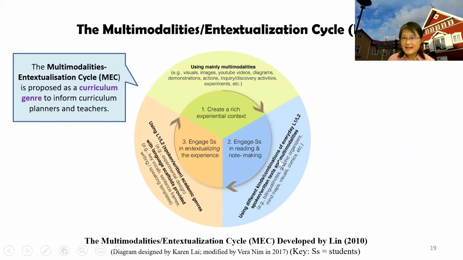And then in the second stage, once students got excited about the topic, we engage them in reading and taking notes from all kinds of texts. First from their familiar text, like the Chinese text on the topic, then less familiar text, English text, the parallel, similar text on the same topic, and they take notes.